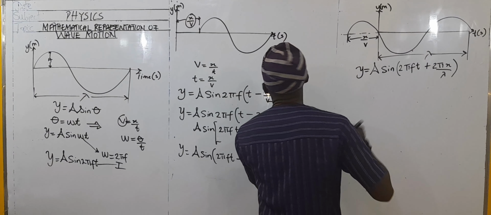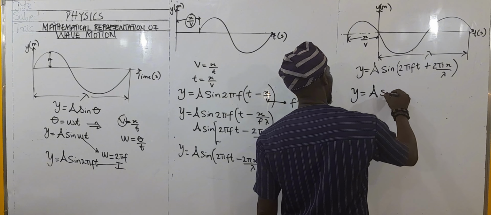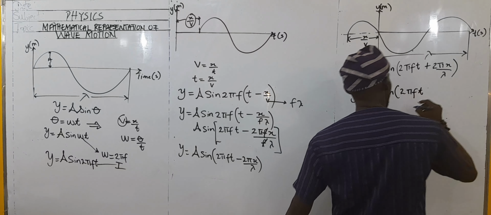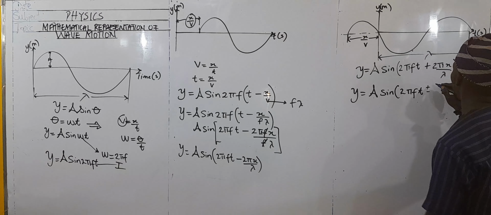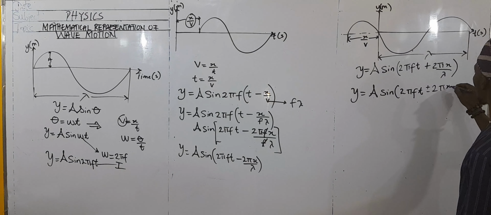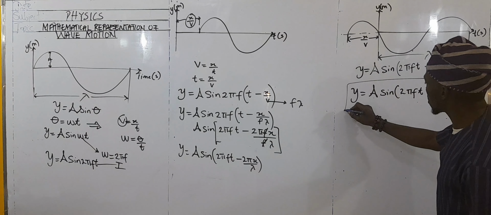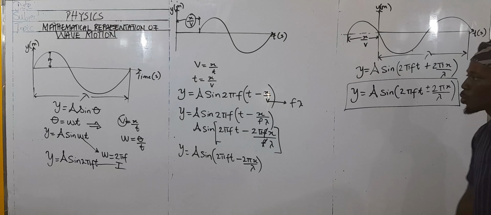So it means now that the general formula is y equals A sine 2 pi f t plus or minus 2 pi x over lambda. So now this is the general mathematical expression for wave motion.